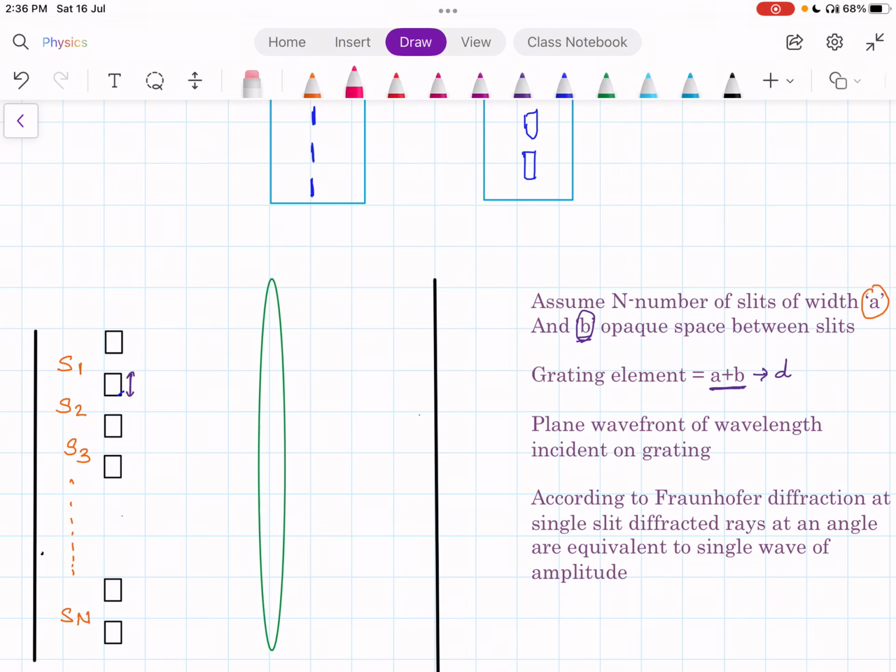What you see in this diagram is this W, and W is a plane wavefront whose wavelength is lambda.